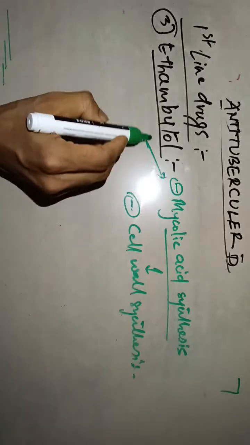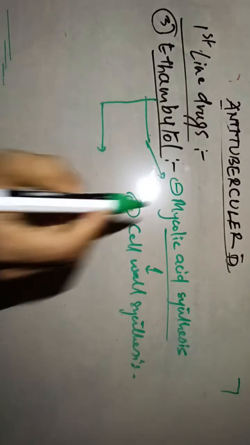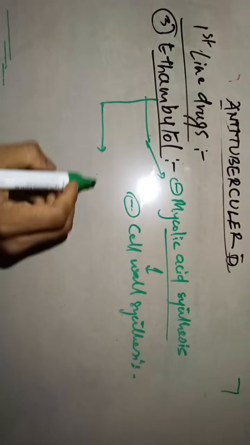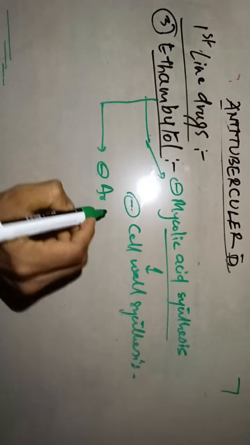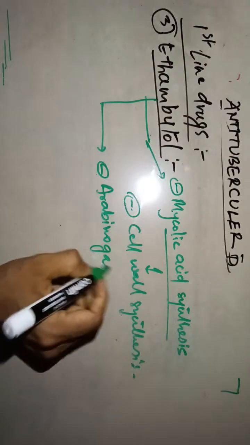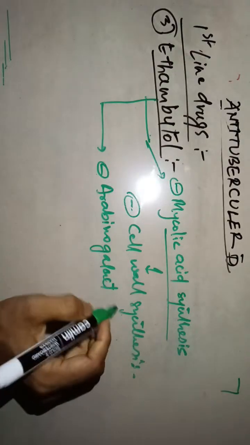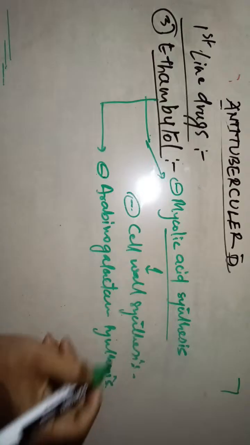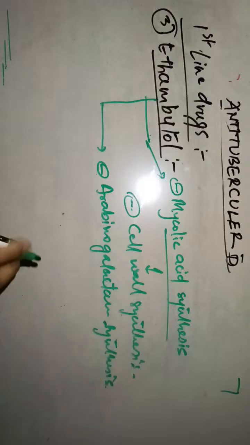Ethambutol can work in two ways. First one is it inhibits mycolic acid synthesis, and second one is it also inhibits arabinogalactan synthesis. So what is the use of that?